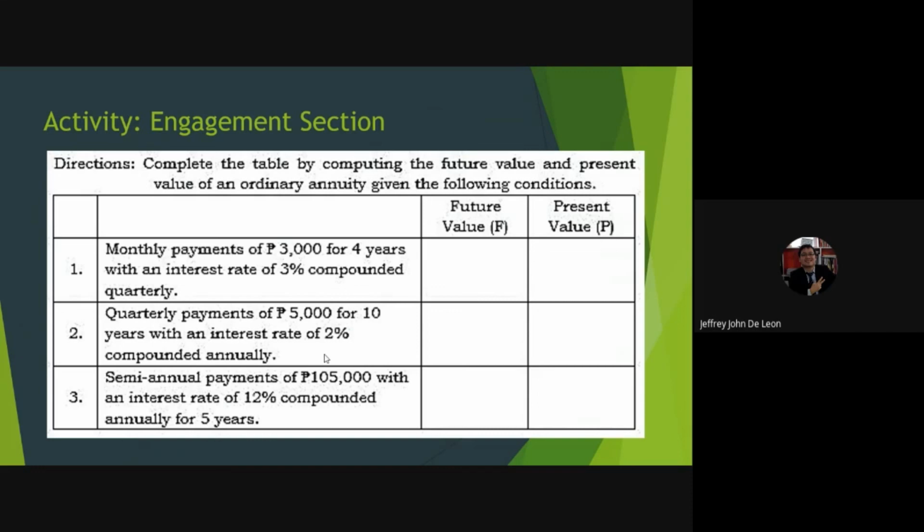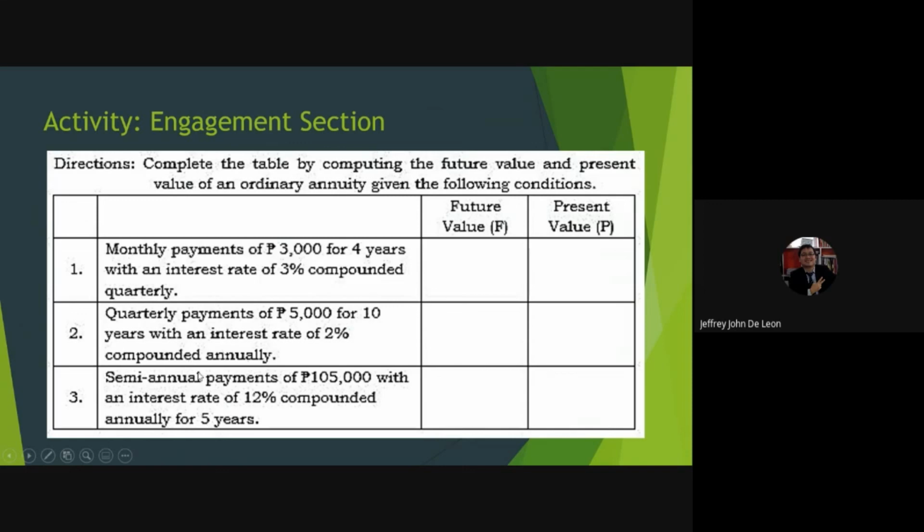For your activity, the engagement section, complete the table by computing the future value and present value of an ordinary annuity given the following conditions. Monthly payment, compounded quarterly: M1 is 12, M2 is 4, general annuity. Quarterly payment, so the payment interval is 4, compounded annually, 1.